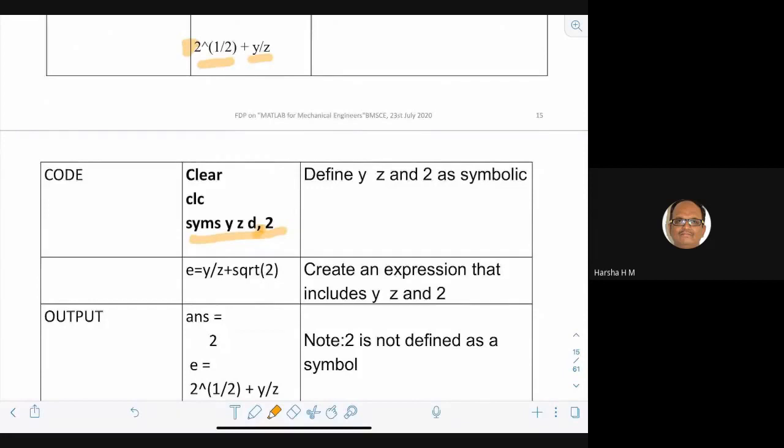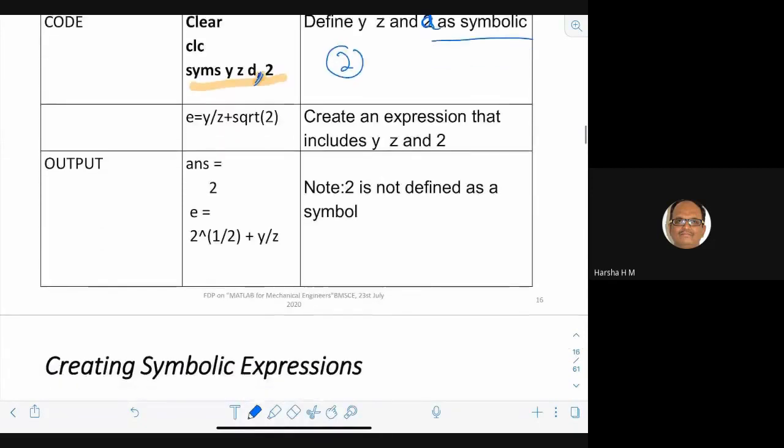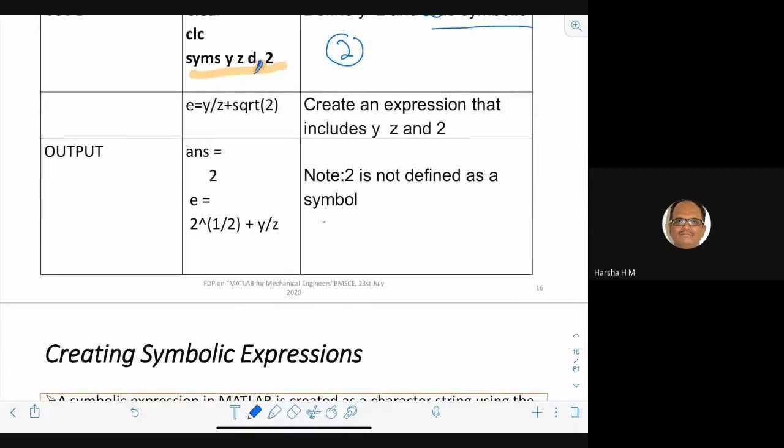This is actually y, z and d as symbolic, but 2 is not going to be defined as a symbol. It still continues to be a number. So it is not defined here because you have separated by comma. And when you type it, you get this expression. Remember, 2 is not a symbol here, and if you want to get the value of this, you need to use the double command.